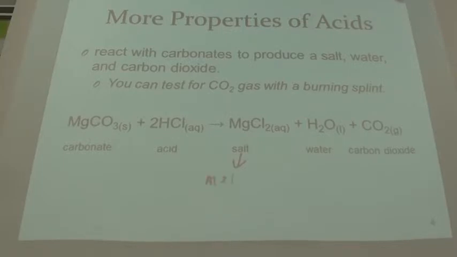Just a metal and a nonmetal ionically bonded together. A metal and a nonmetal ionically bonded together. Or a metal and a polyatomic bonded together.